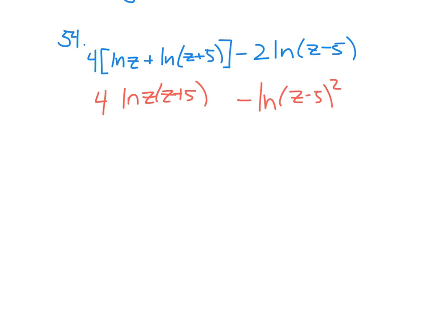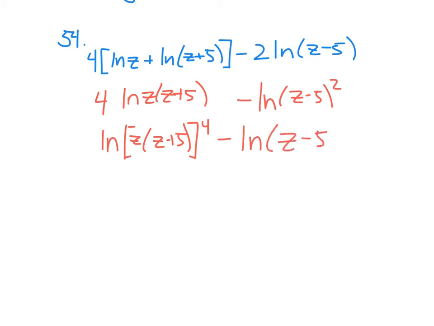Just before we go, 54 is the next one. Yeah, but be careful, because what's getting raised to the fourth? Everything, so I'm going to write it like this first. But that's kind of sloppy looking, right?